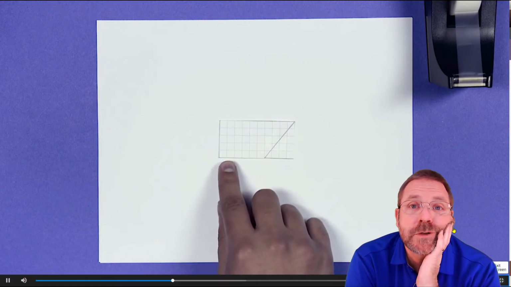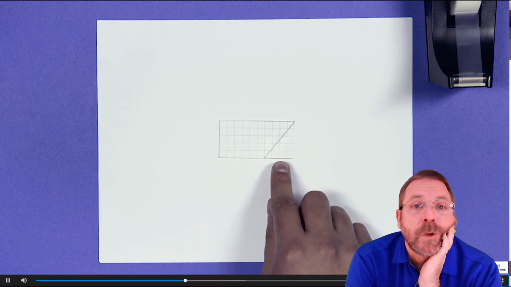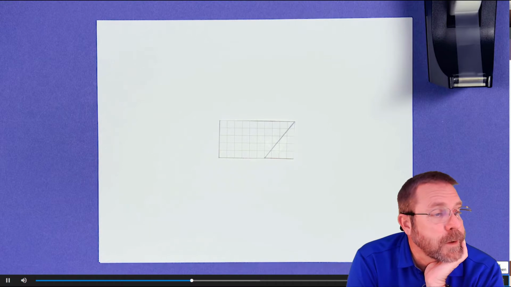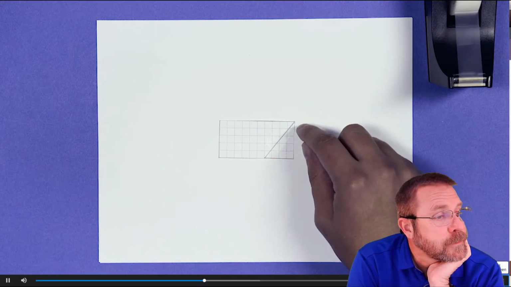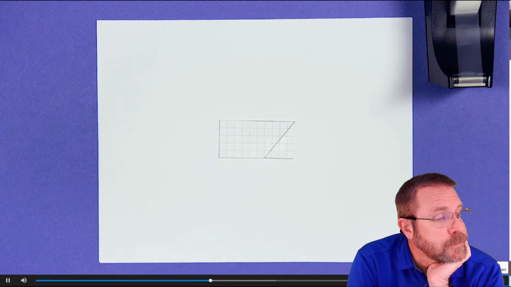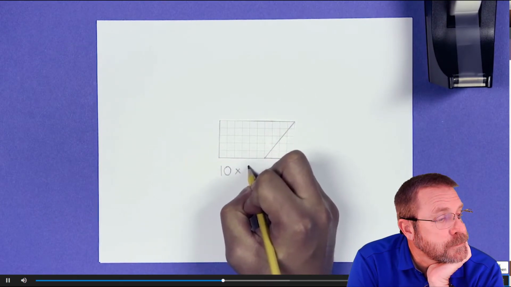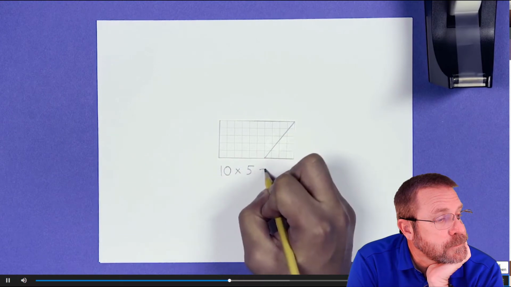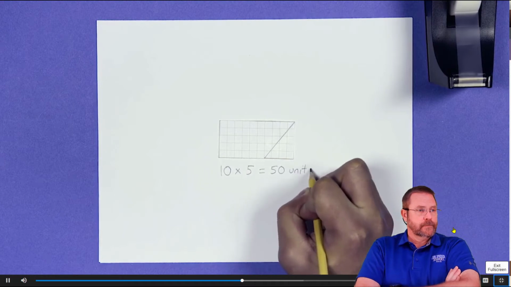Count the number of units along the base of the rectangle. The base is 10 units long. So the formula for the area of a rectangle then count the number of units up the side. Of a parallelogram. The height is 5 units. Multiply to find the area of the rectangle. So, because we know the area of the rectangle, we know the area of the original parallelogram is also 50 square units.